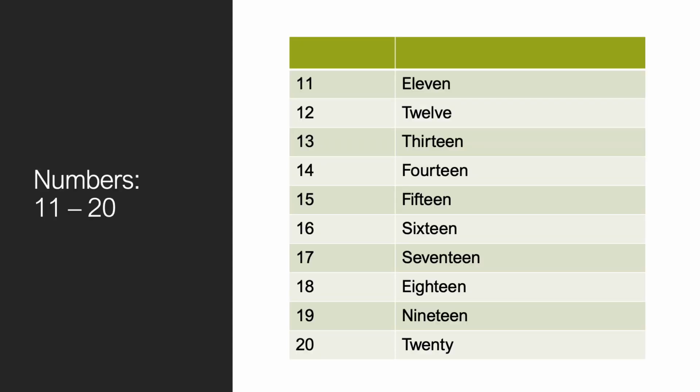Now, in the last lecture, we talked about numbers from 0 till 10. In this lecture, we will talk about the numbers from 11 to 20. Okay, so here is the first number, 11.